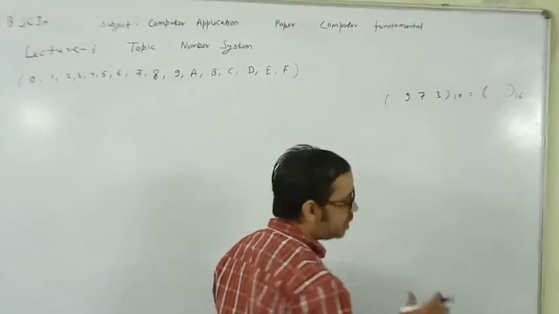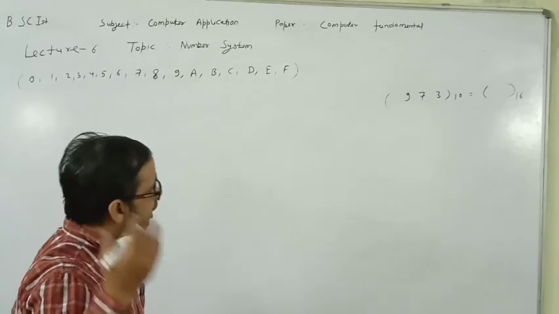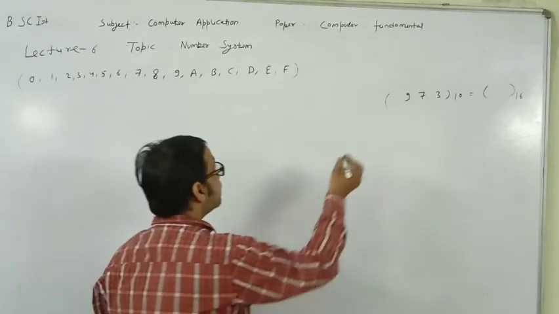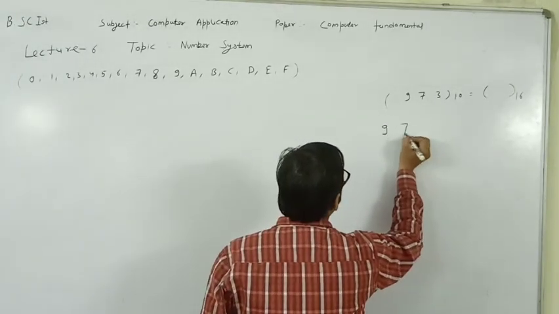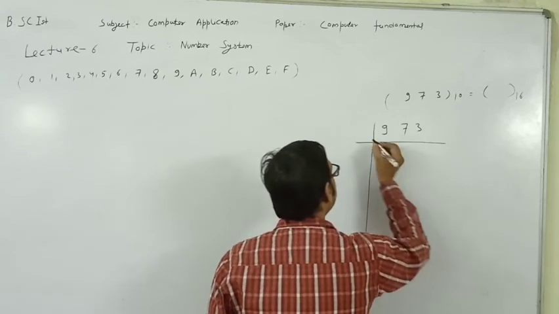When you convert a number from decimal to another base, you have to divide with the base of that number. So take 973 and start dividing with the base of the hexadecimal number.